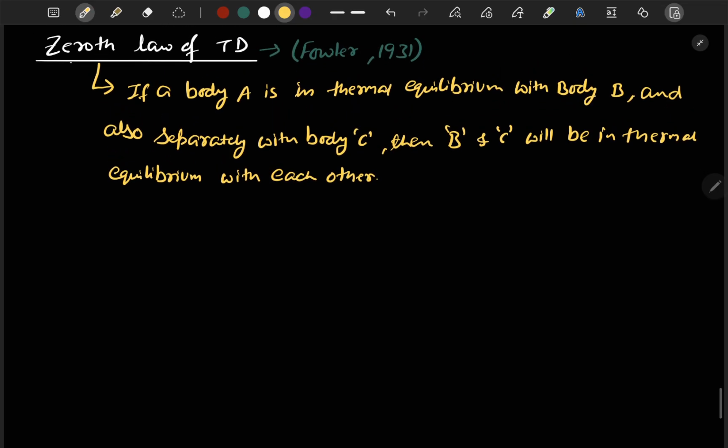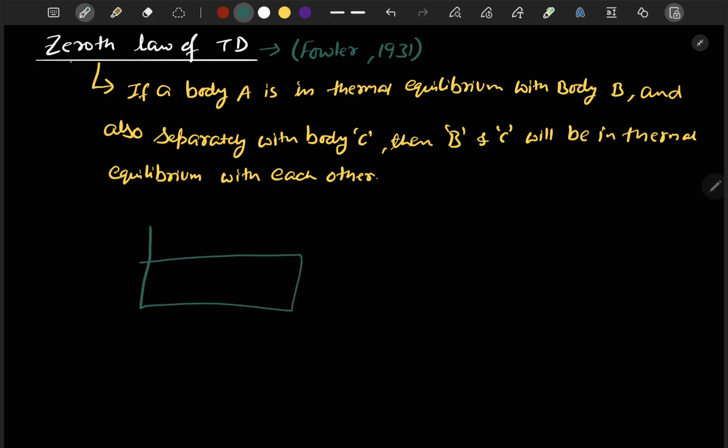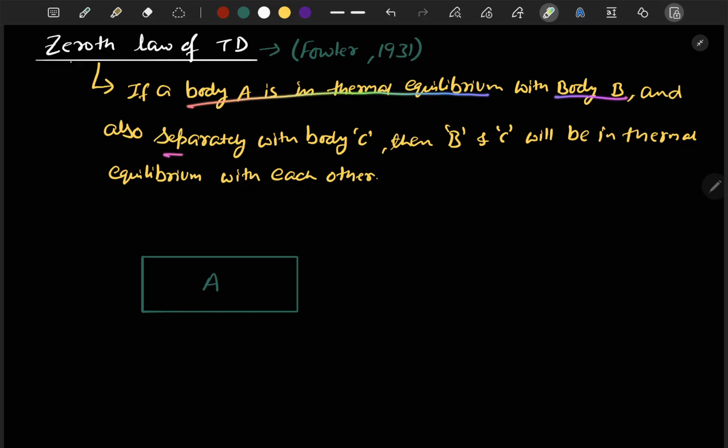So we can remember it like this. Let me draw. Let's say this is body A, and it is said that body A is in thermal equilibrium with body B and also separately with body C. It means that body A is in thermal equilibrium with body B and body C separately.